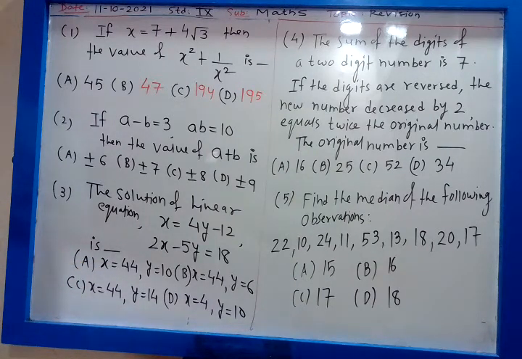A minus b is given 3. 3, no? Not coming. A minus b 2. One minute. Yes, correct.